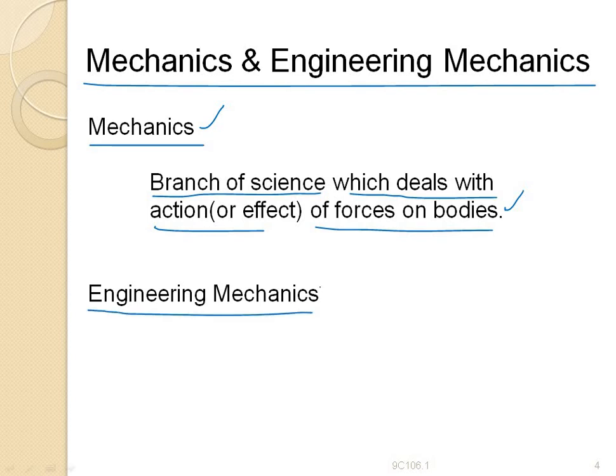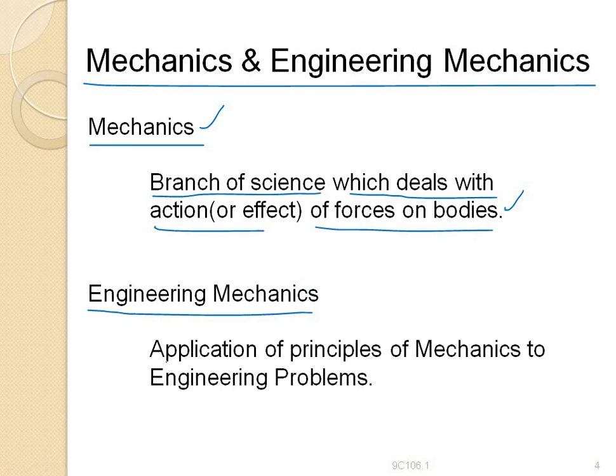Let us see the engineering mechanics definition. It is very important in your examinations also. Engineering mechanics is the application of principles of mechanics to engineering problems. The problems are generally solved using engineering mechanics.